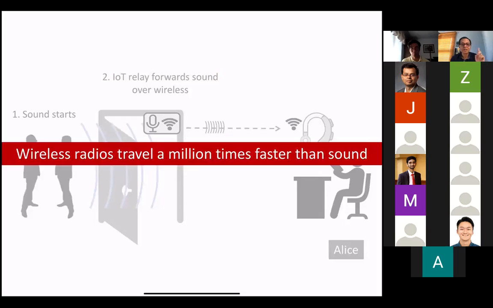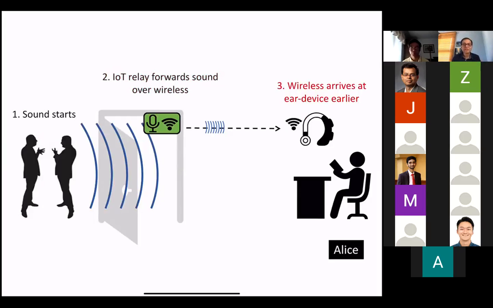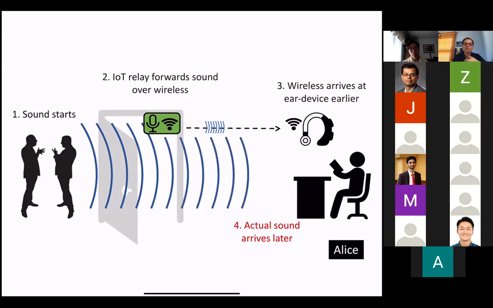Wireless signals travel 1,000,000 times faster than sound, right? Which means Alice's receiver got to know the future, even though the future is taking its own sweet time to come to Alice. Because these sound signals are actually coming, but Alice has already seen the sound signal which has not yet arrived to Alice.